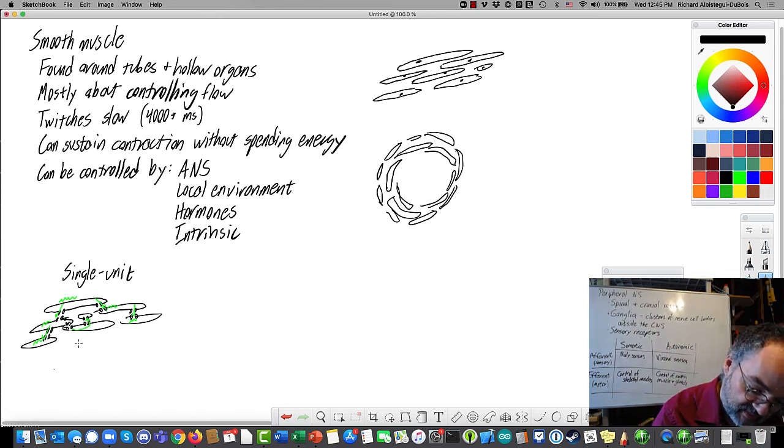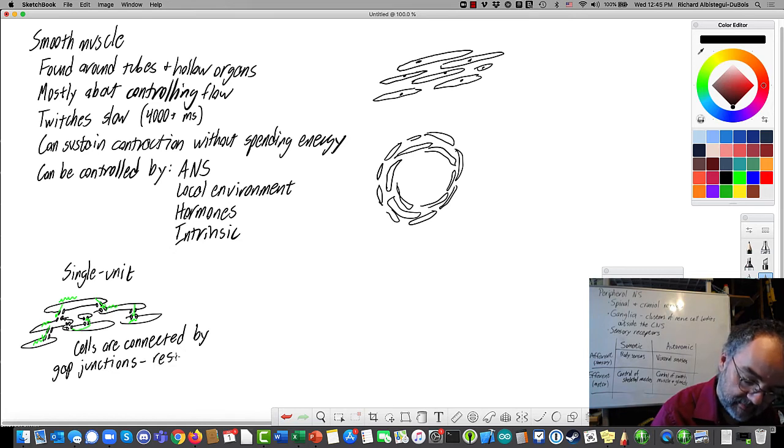So in single unit muscle, the cells are connected by gap junctions, which means they can all respond together as a single unit.